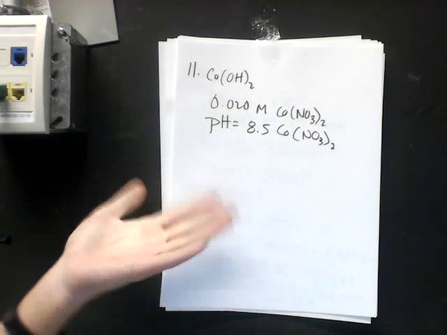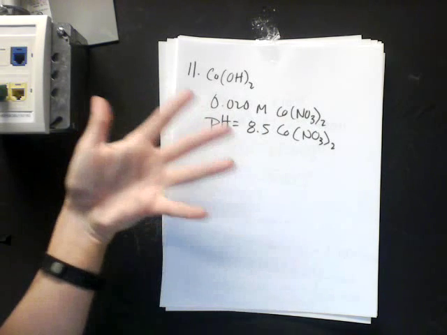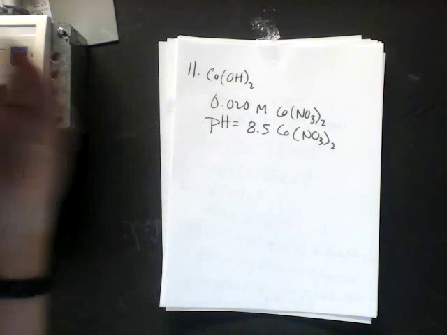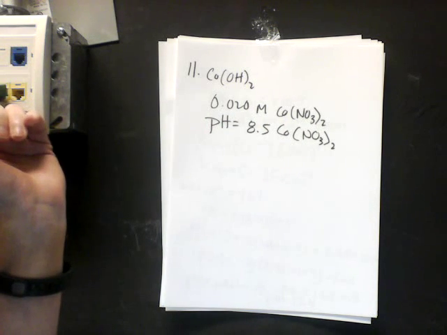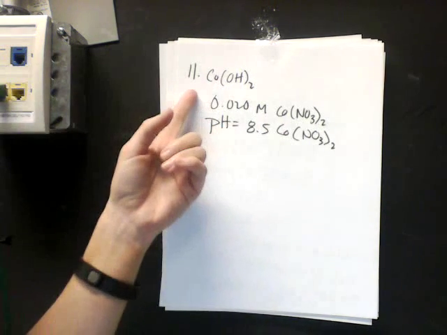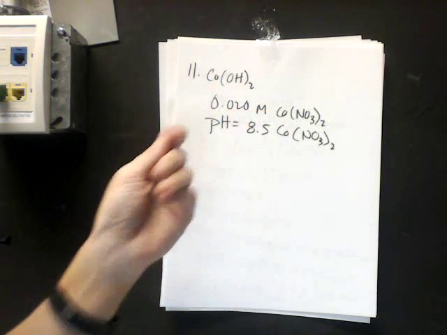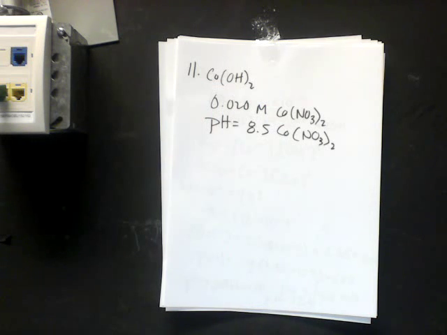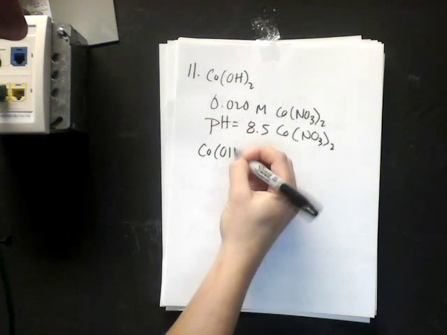So, this is one of these questions where you have to compare two values in order to determine if this will precipitate out. These are common ions, so it's possible that it will precipitate. Our first step is, what are we looking for? We're looking to see if this will precipitate out.